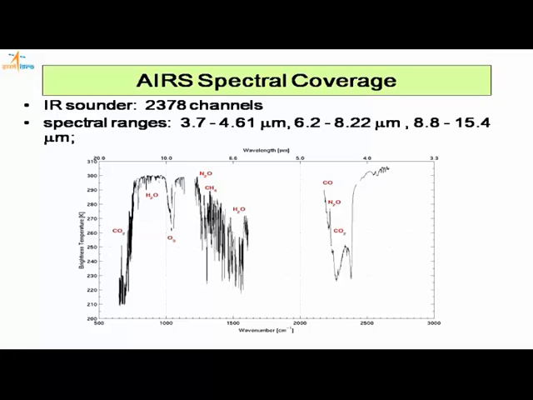This band is used to get water vapor information, this one ozone information, then N2O, methane, water vapor, CO, N2, and CO2. So you can get various trace gas concentrations apart from the temperature and humidity profile from the IR hyperspectral sounder AIRS.